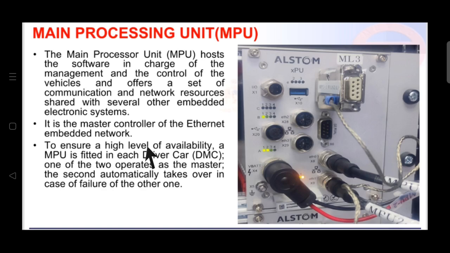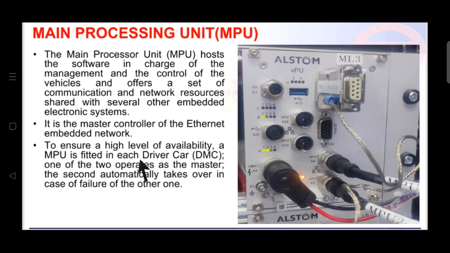The main processing unit has been integrated in the train on the DMC1 and DMC2 sides. Why have we given two main processing units in our train? If one is working as a master, then the other will work as a slave. We can also say a high level of availability, right? If one fails to operate, then the second one would operate as the backup. That's what has been written here.